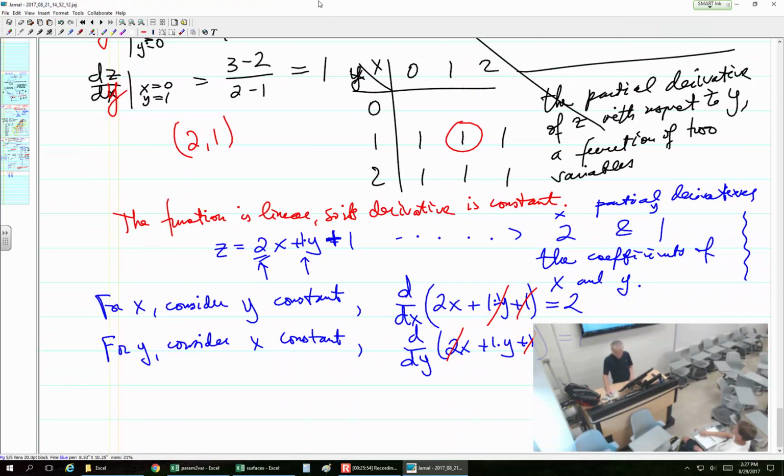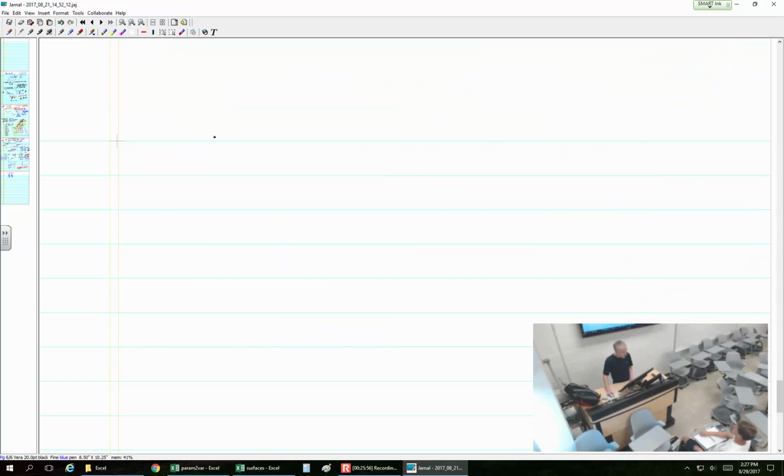So if you are comfortable with differentiation in principle, then starting partial differentiation is not a big deal. So my function f of x is sine xy.